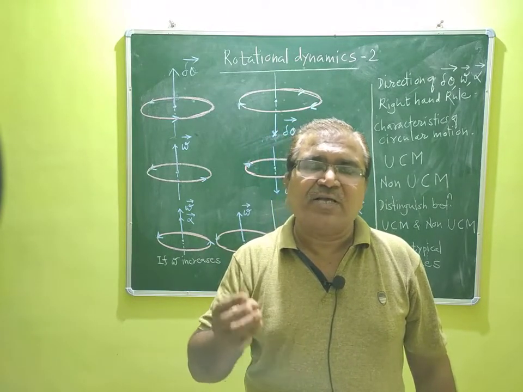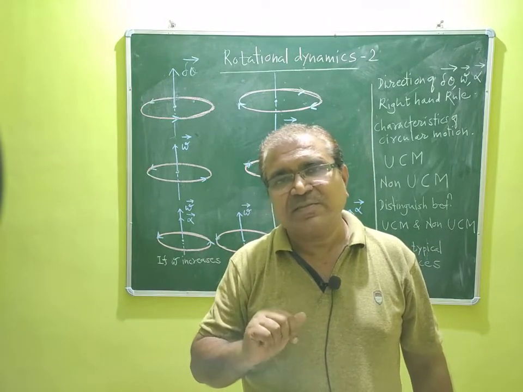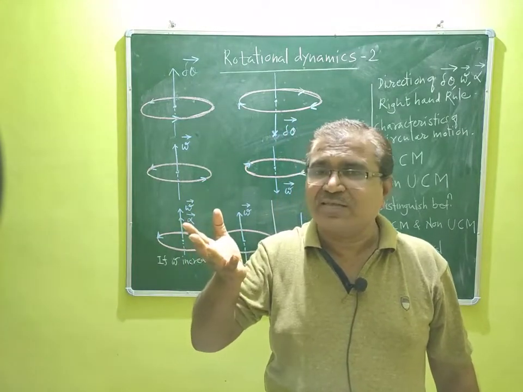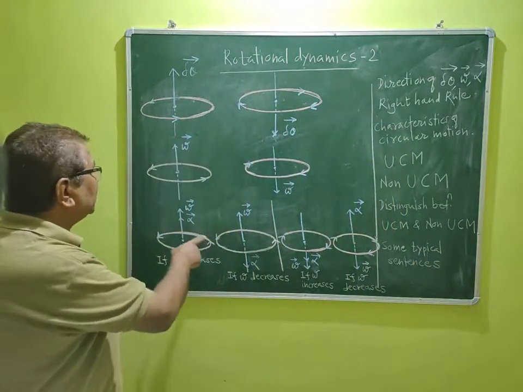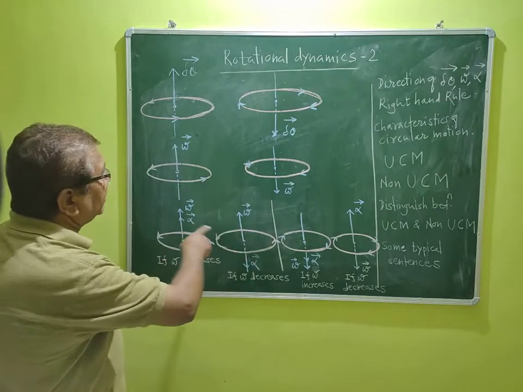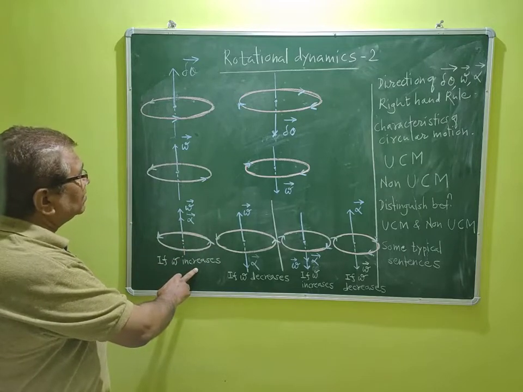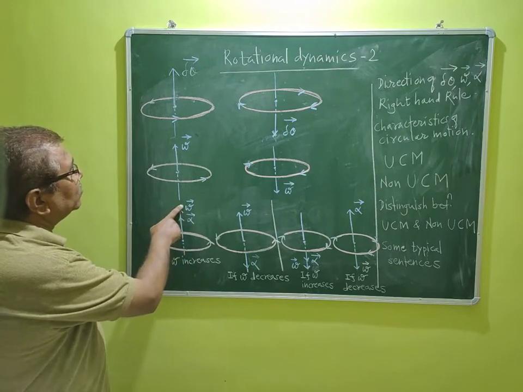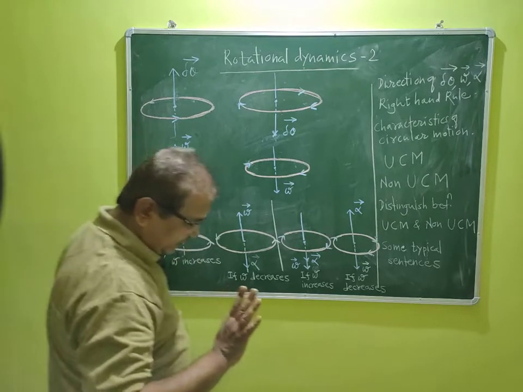Omega, angular velocity, either increases or decreases. Then and then only angular acceleration appears. Now, for a particular circular motion which moves in the anti-clockwise direction, if angular velocity increases, then the direction of angular acceleration and the direction of angular velocity are along the same direction, which is upward.